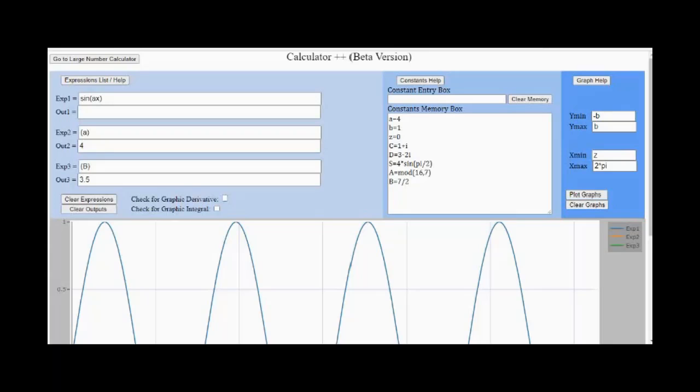Constants can be in the form of real and complex numbers, or as constant functions as shown on the screen. When using constants, be aware that the letter E, both upper and lowercase, and letters P and I, both upper and lowercase, are reserved constants.